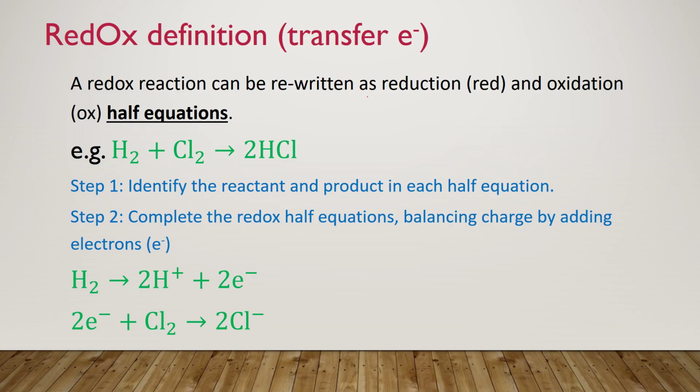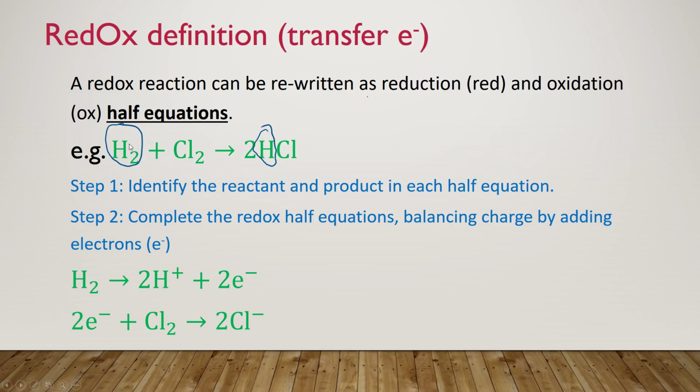So now we're going to look at an example of a redox reaction. I'm just going to give this one to you guys. We can see that the hydrogen has reacted with chlorine gas to give hydrochloric acid. We know this is a redox reaction because when we split the reaction into two, we need to take all parts with us. Any part that's been chemically changed, we need to assign in terms of a half reaction.